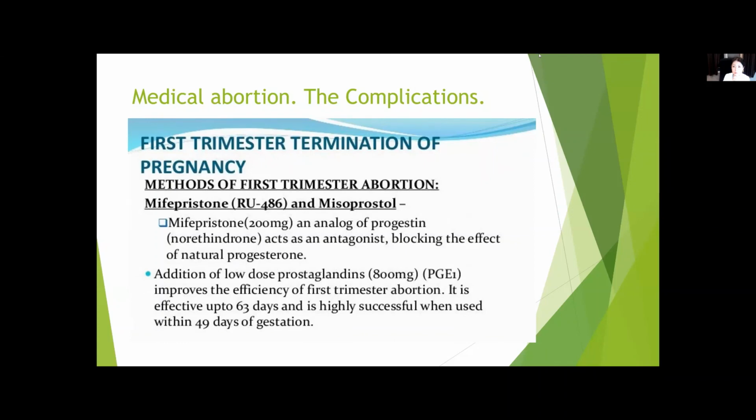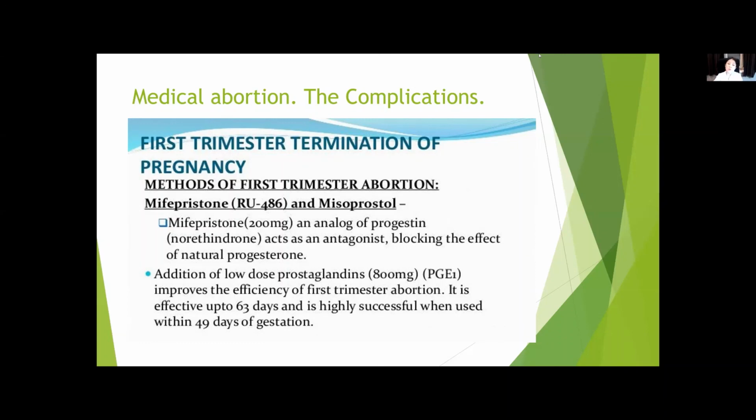Medical abortion. Medical abortion in the first trimester of pregnancy includes using mifepristone and misoprostol. Mifepristone is an analog of progestin. It acts as an antagonist, blocking the effect of natural progesterone.